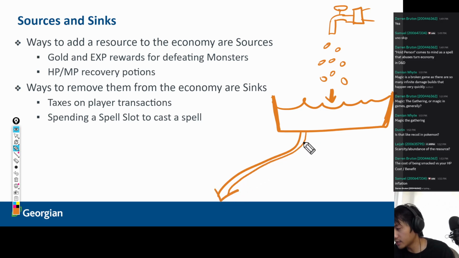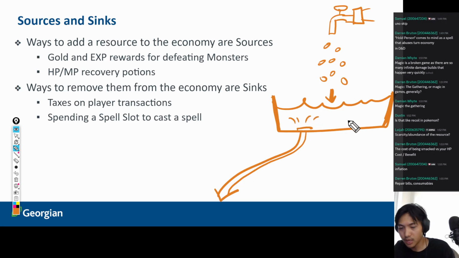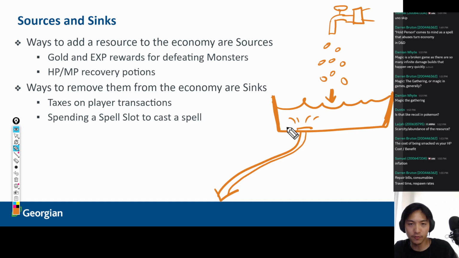Sinks are anything that takes things out of the economy. If you have more sink than source, then your economy will eventually drain and there will be nothing left. If you have more source than sink, then your economy will eventually overflow. You might want a stable rate so that you can keep up with the growth and just have constant growth that you can monitor.